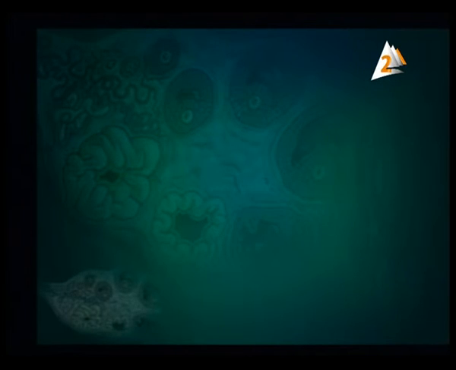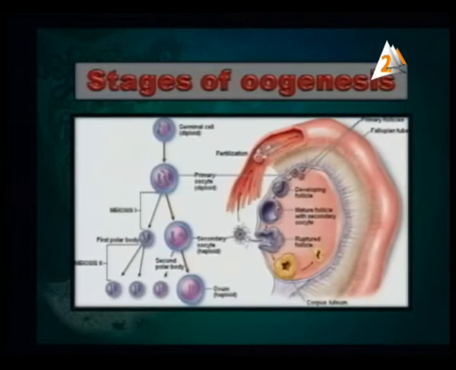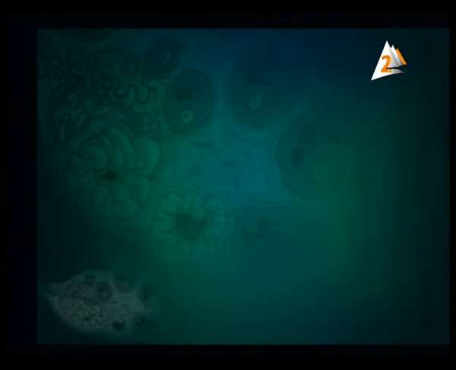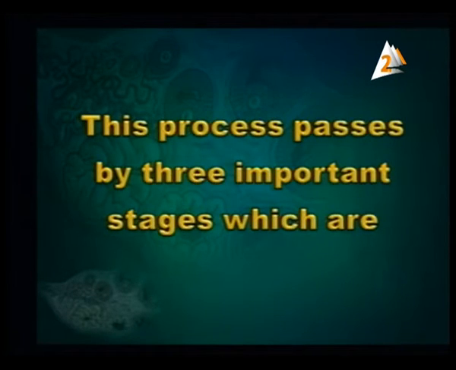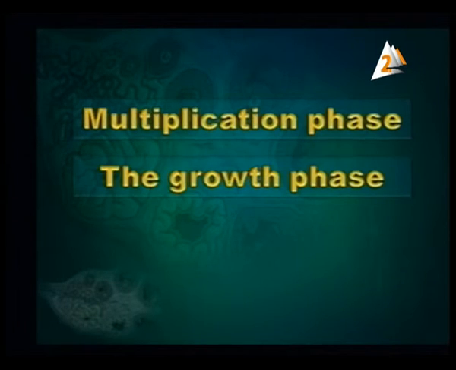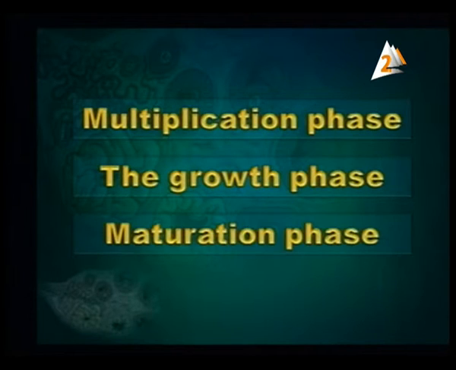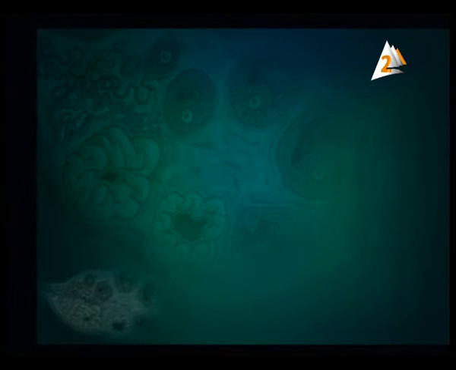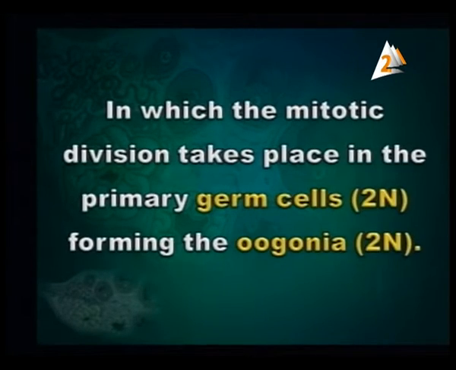Number B, explain the stages of oogenesis. This is the process in which the ovum is produced. It includes three stages: the multiplication phase, the growth phase, and the maturation phase. In the multiplication phase, mitotic division takes place in the diploid primary germ cells, forming diploid oogonia.